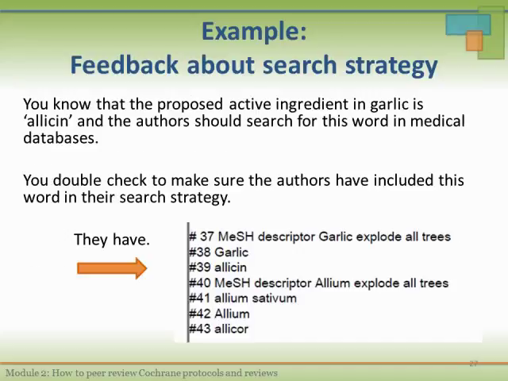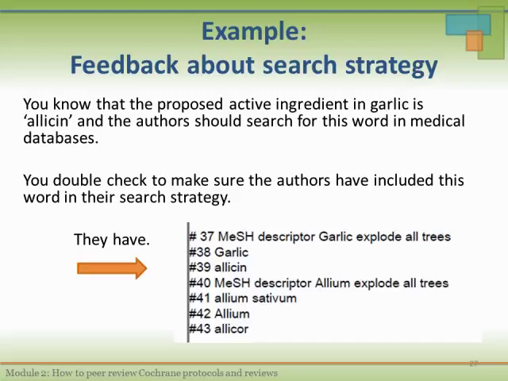Here's another example of how you can provide feedback about the methods section. In particular, this is about the literature search strategy, which should be very systematic and comprehensive. Using the garlic protocol again, you know that the proposed active ingredient in garlic is allicin.